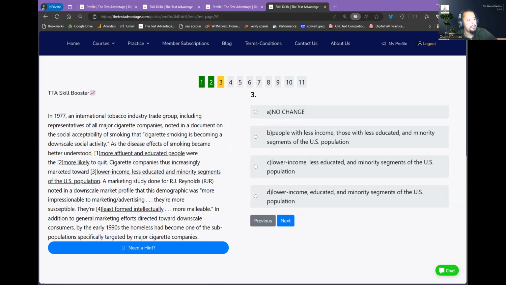Number 3. Remember parallelism. That's what we're practicing here. Parallel structure. Good, Shaza.